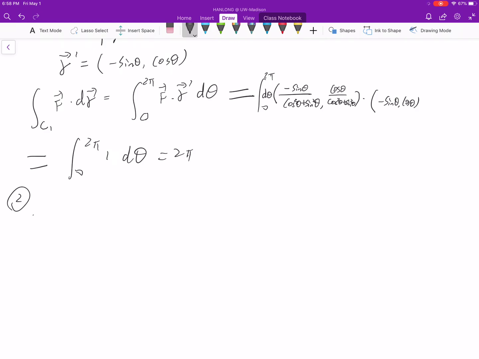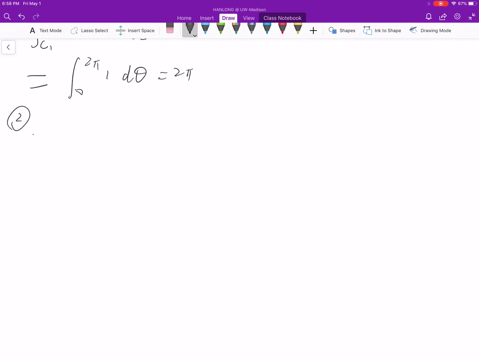Okay, so the second problem is, suppose you have the ellipse x squared plus 2y squared equals 4, also oriented counterclockwise. So let's draw a picture roughly. The x-intercepts are negative 2 and 2, and the y-intercepts are negative square root 2 and positive square root 2.